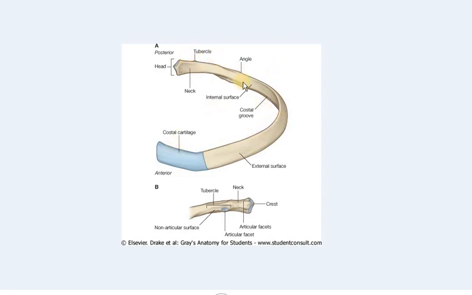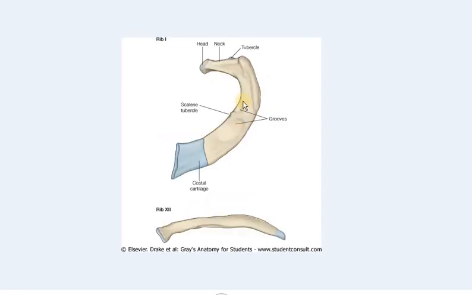Now we will study the atypical ribs. As I told earlier, the upper ones, first and second rib, and the lower three ribs, 10th, 11th, 12th ribs, are atypical ribs. So this is an atypical rib and this is the first rib.